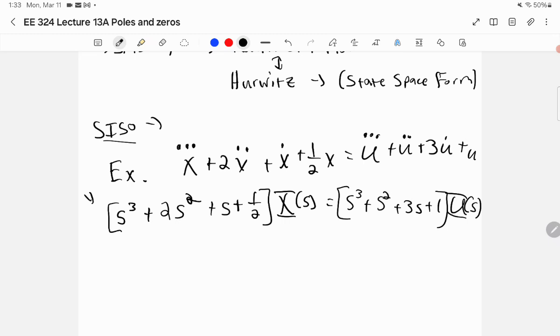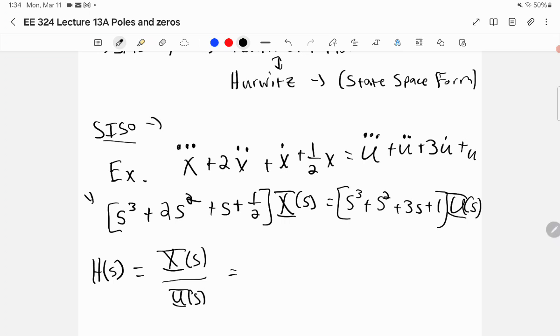Right, so we took the Laplace transform of each side, and our transfer function H(s) is always going to be equal to the output over the input function, but you have to be careful because this can seem confusing: the coefficients of the output end up in the denominator, and the coefficients of the input end up in the numerator.